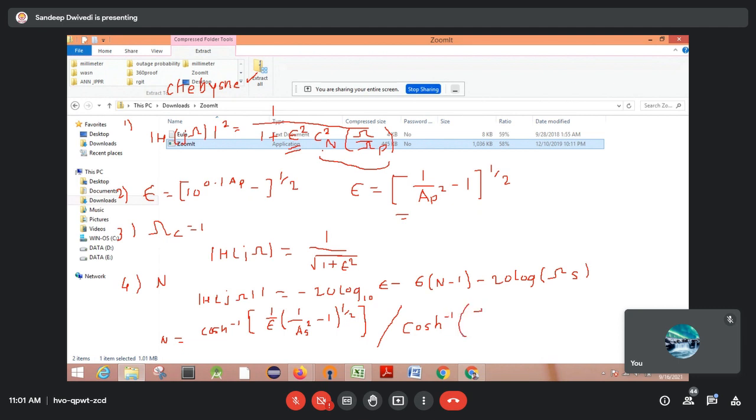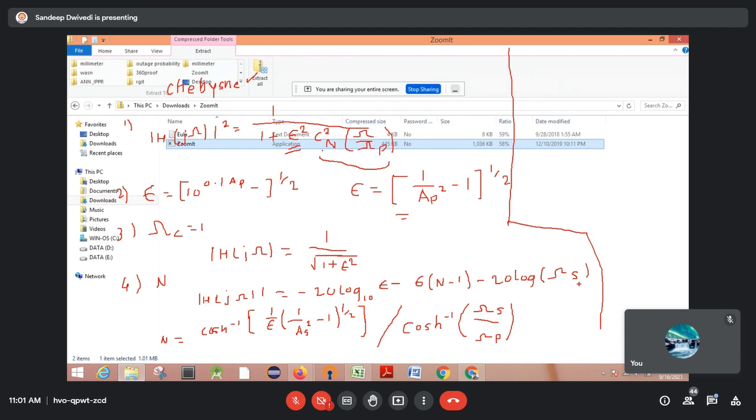So this is a formula, you need to remember this formula. All the formulas you need to remember in the designing portion, in filter approximation, different formulas are there. So this is to find out the order, up to here is how you can find the order using Chebyshev approximation.